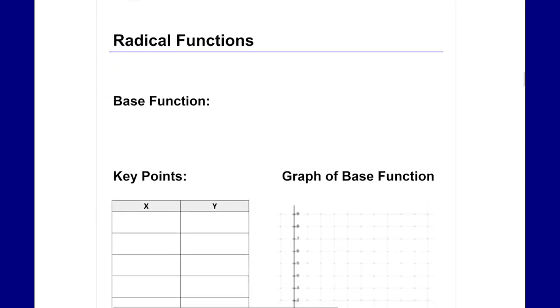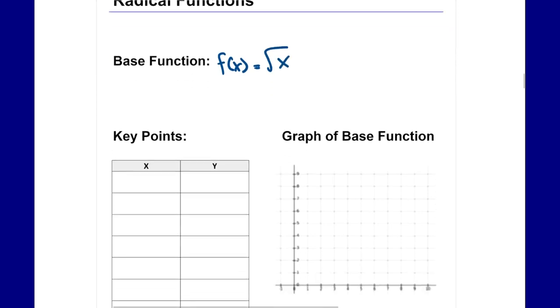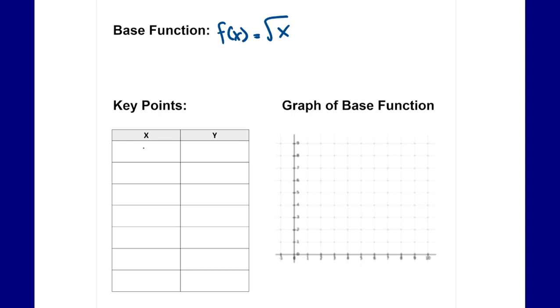Moving on to radical functions, this was f(x) equal to the square root of x. So again, some key points: 0, 1, 4, 9, 16, 25. We could go on to 36, but we probably won't be able to find that on our grid.